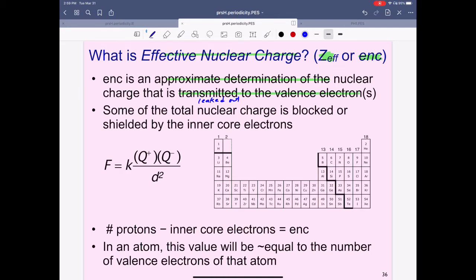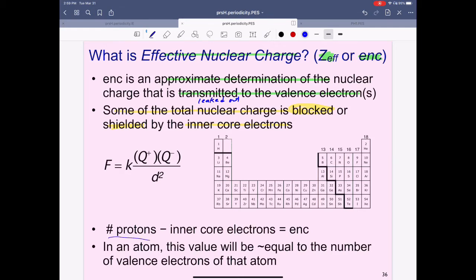How do we get this? Or why does this even happen would be a good question first, because some of the nuclear charge is blocked or shielded by the inner core electrons, the electrons between the nucleus and the valence electrons. How do we calculate this?